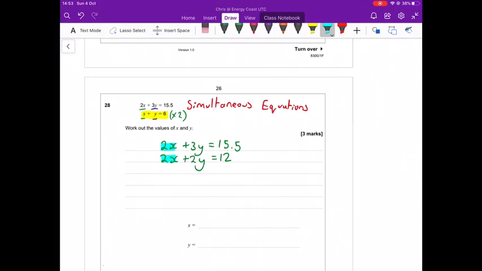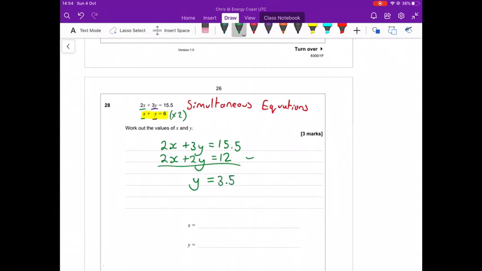Now I've got 2x here and 2x here, which is what I want, okay? I want something to be the same on the top and the bottom, because what I do now is this. I take the whole top line and I subtract the bottom line from it, okay? 2x take away 2x is nothing. That's why I've done this, okay? 3y take away 2y is 1y, or just y.